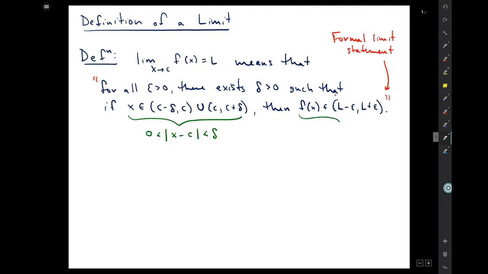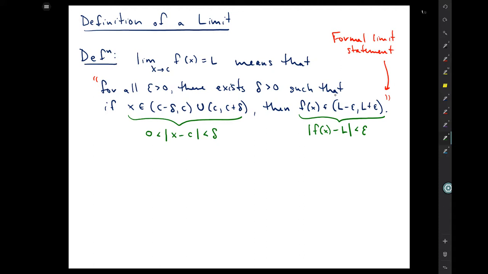And then this interval statement here is usually expressed by the absolute value of f of x minus L is less than epsilon. So what that statement is saying is that the distance between f of x and L is less than epsilon. And what we're saying with the other absolute value double inequality is that the distance between x and c is between 0 and delta.